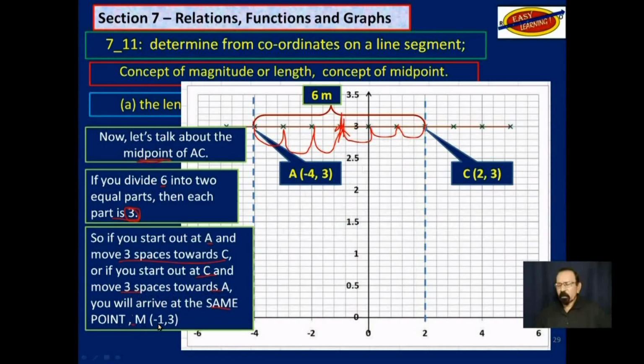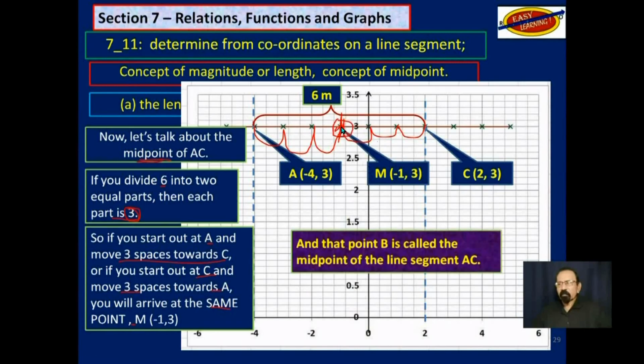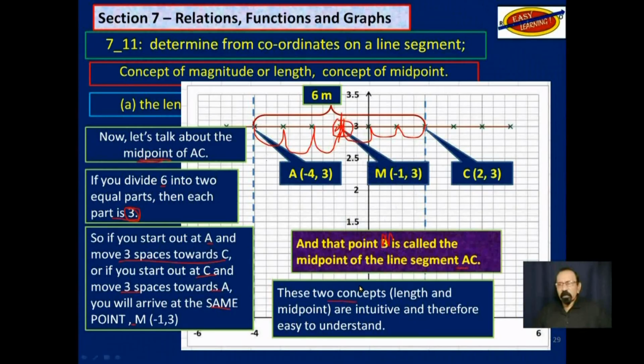We will call it M, which is (-1, 3). The same point here, (-1, 3). The point M is called the midpoint of line segment AC. These two concepts, length and midpoint, are intuitive and therefore easy to understand.